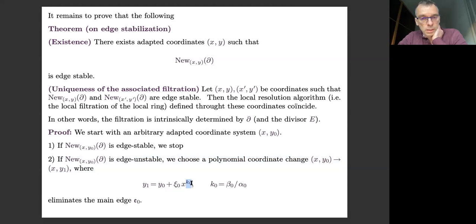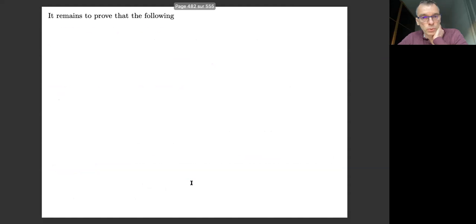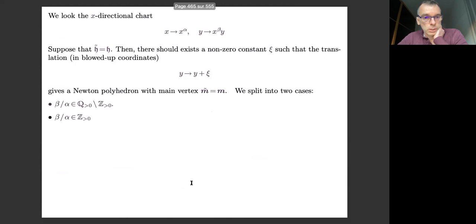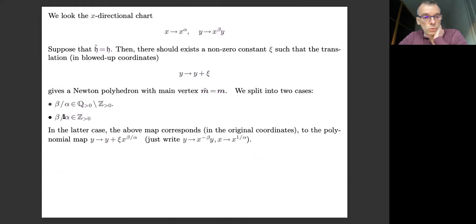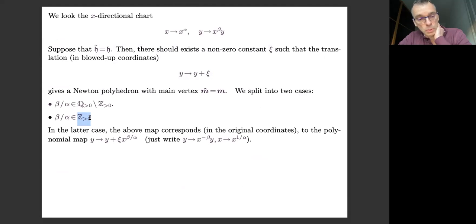Okay. Because I recall that in the proof of the theorem, there are these two separate situations. Where beta over alpha is an integer, this is the case where you can have this compensation phenomenon, which is problematic. But in the case where it's not an integer, there can be no compensation phenomenon. So if beta over alpha is not an integer, then it's automatically edge stable.